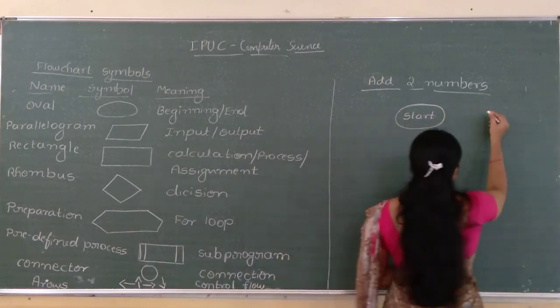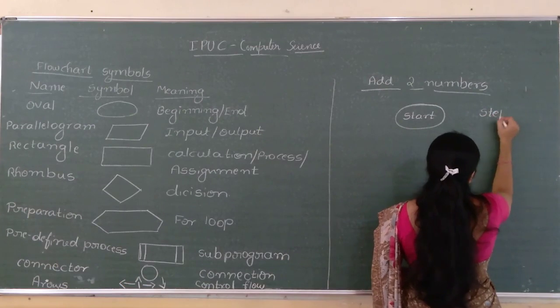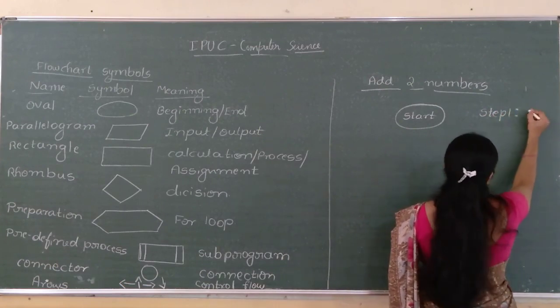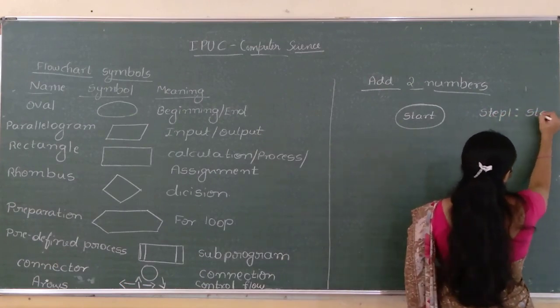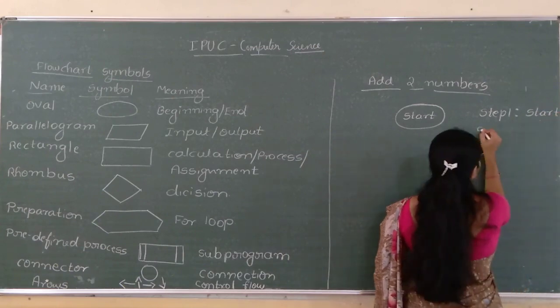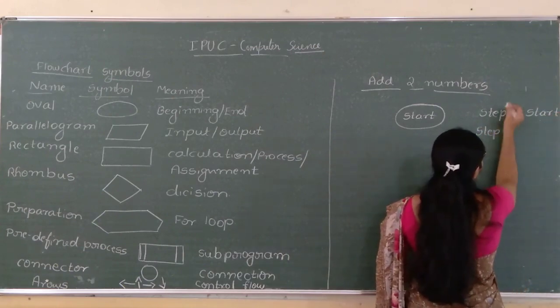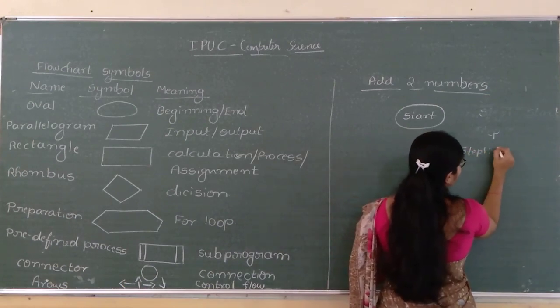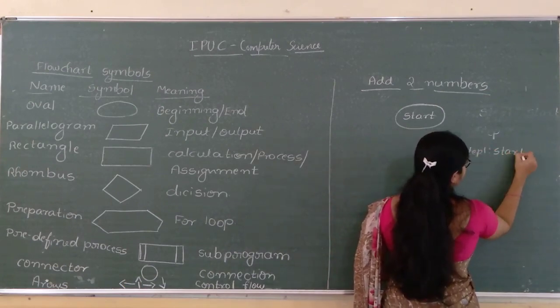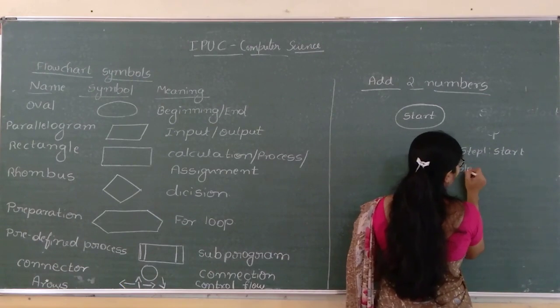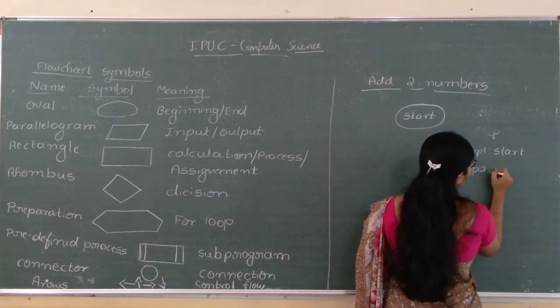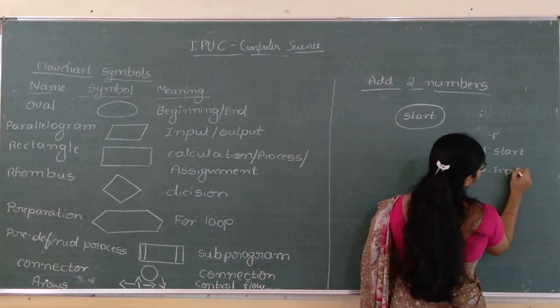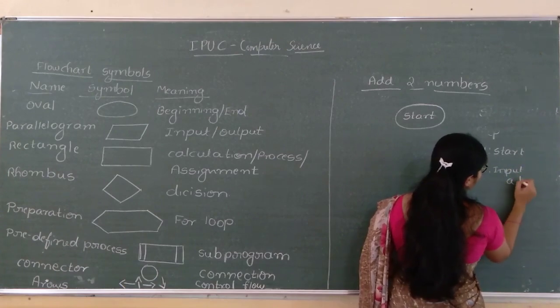See, before that we will write the algorithm. What is the first step in algorithm to add two numbers? Step 1 start. Step 2 input two numbers a comma b.